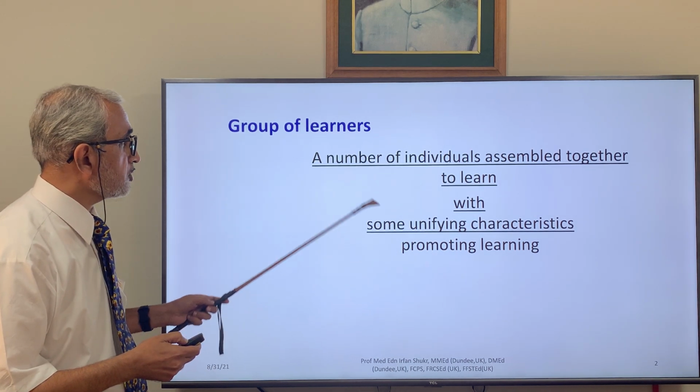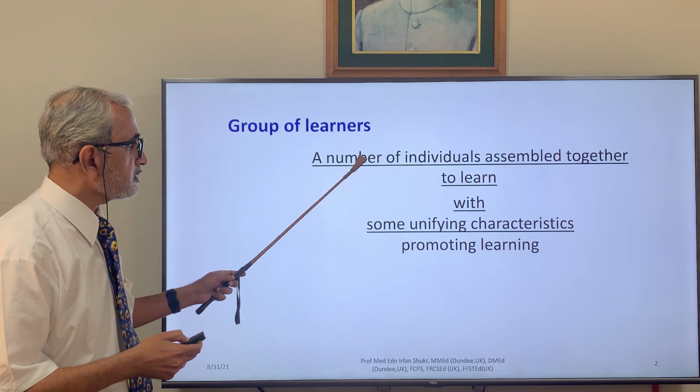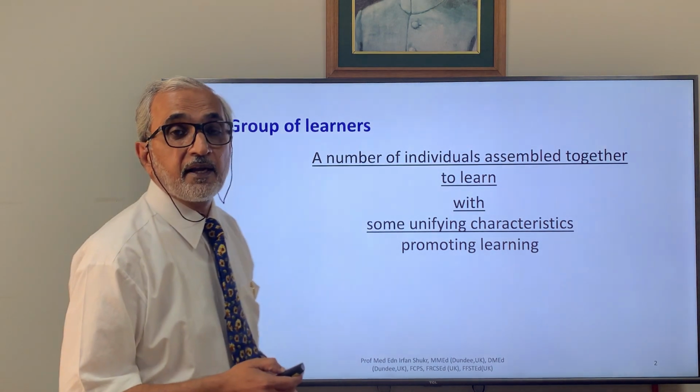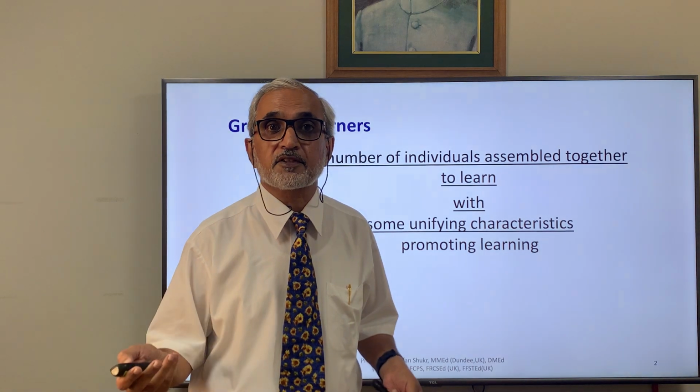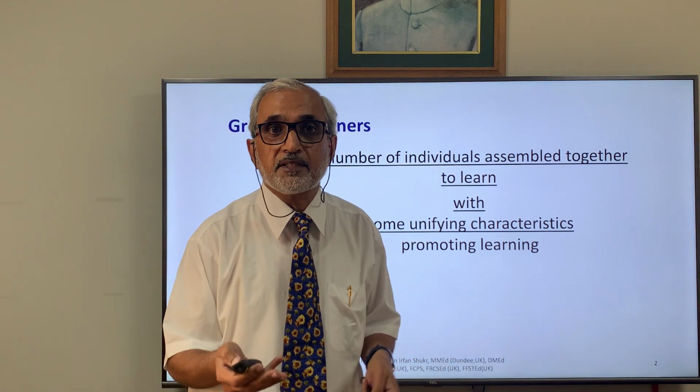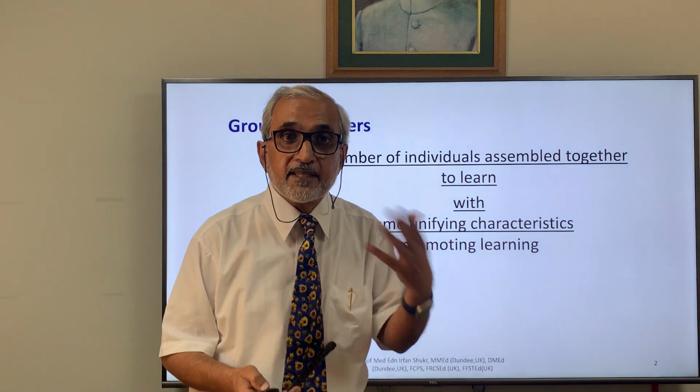So two things are important: the number of individuals and the unifying characteristics, the characteristics of the learners which unite them to act as a group to learn.